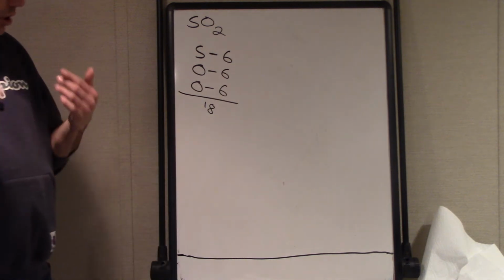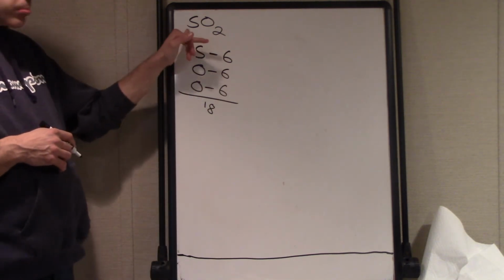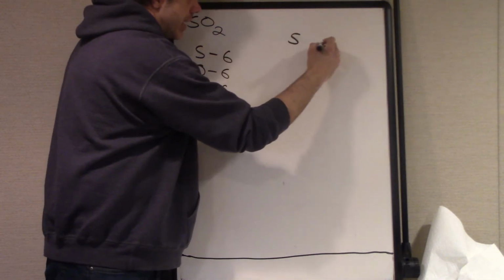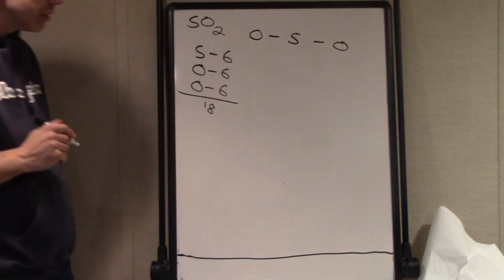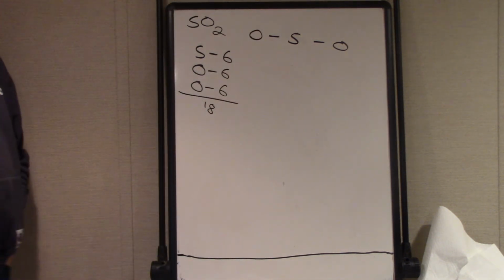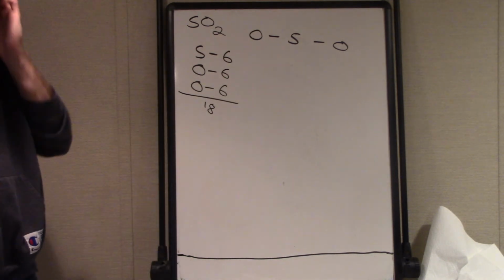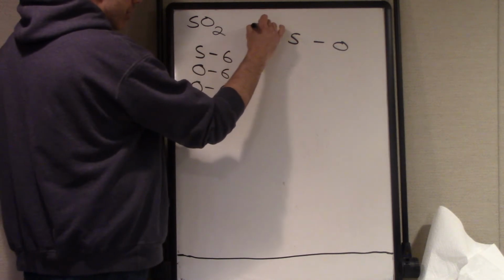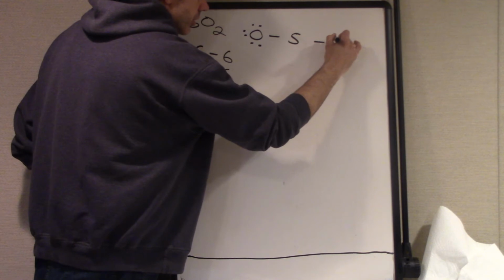Next up, I'm going to determine the central atom. Usually it's going to be the first one listed. So I'm looking at the sulfur. I'm going to make oxygen my outer atoms. Now I'm going to complete an octet of electrons around those outer atoms by making lone pairs. So each oxygen is going to get 3 lone pairs.